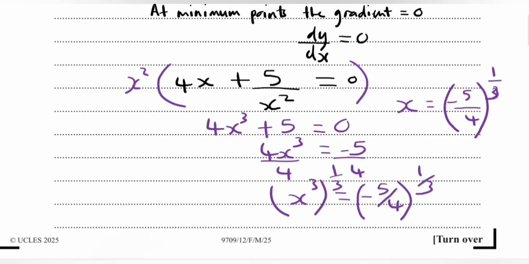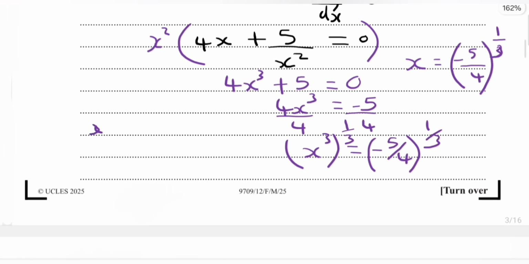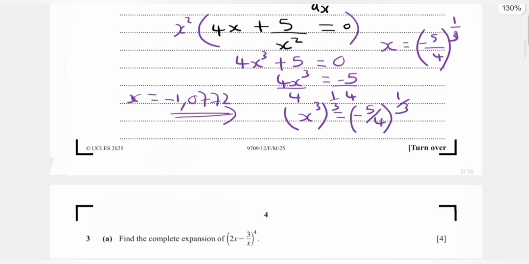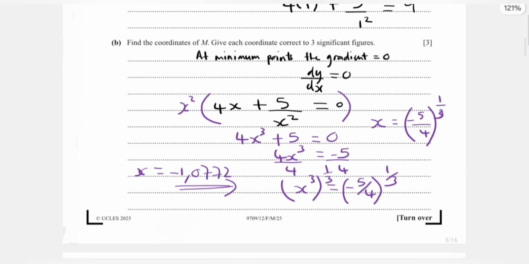That's x equals minus 1.0772, right? That's our x right there.